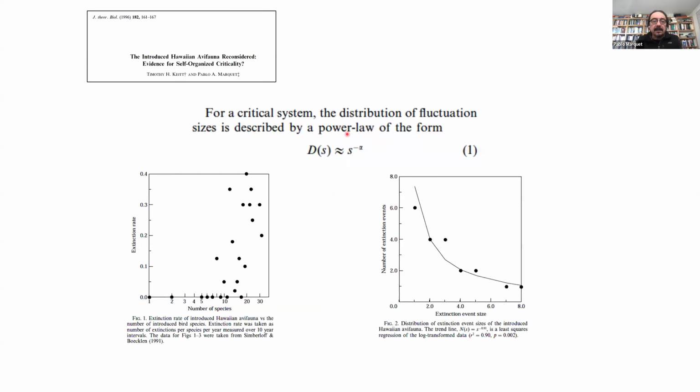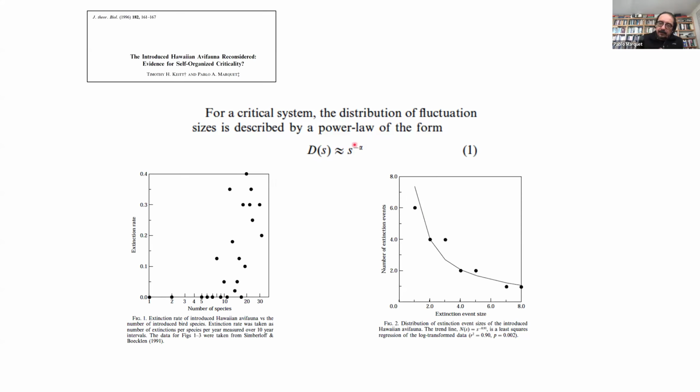If you look at what happened, here to the left in this plot, you have a lot of extinctions, but not until you hit a threshold of 10 species. And if you look at the distribution of the number of extinction events versus the size of these events, they do follow this kind of power law distribution.